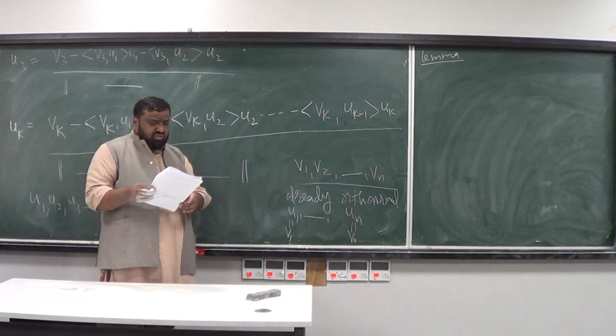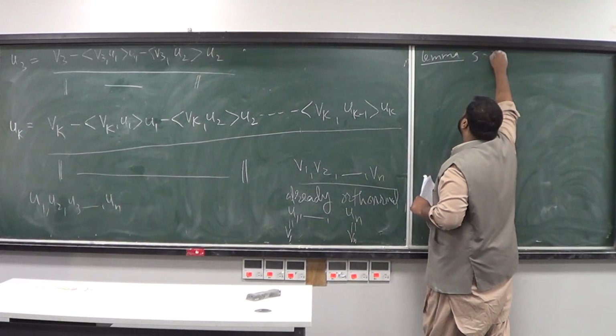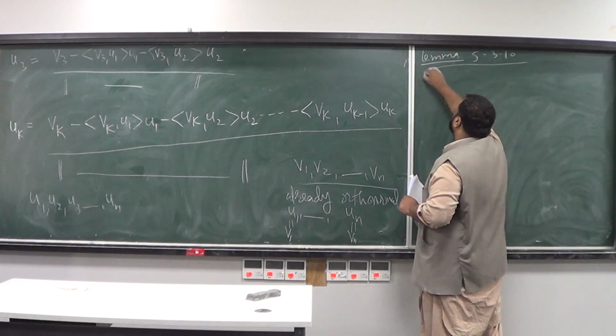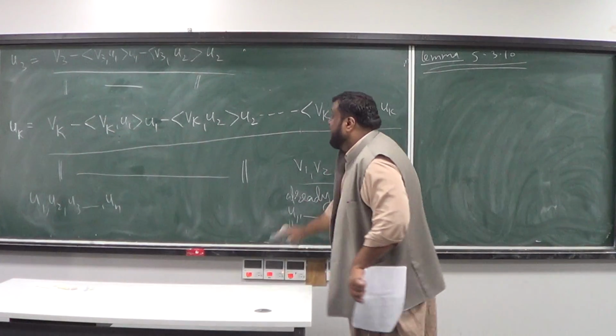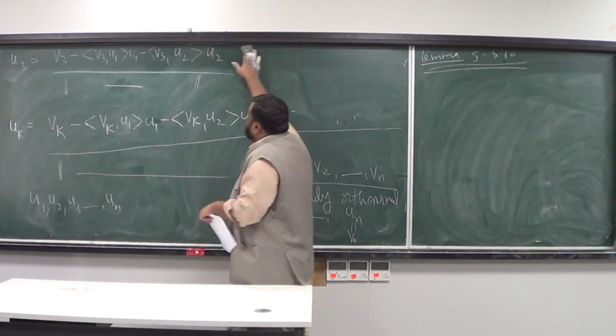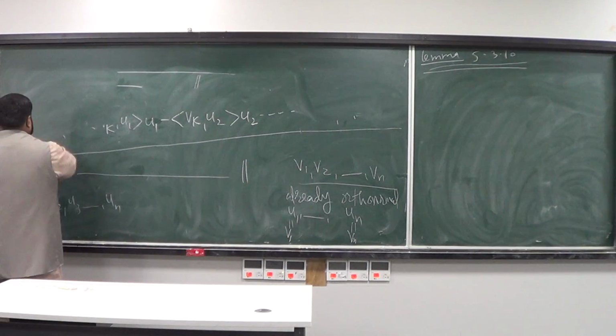So this is lemma 5.3.10 in the book. I would highly recommend to read that lemma and try to make sense of it for yourself, because I have already proved and discussed this lemma in detail.